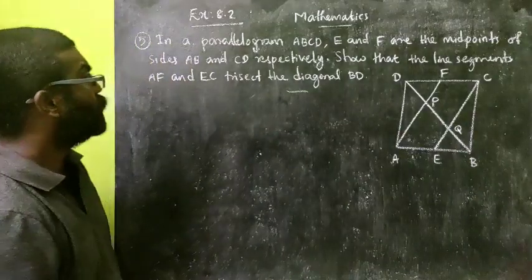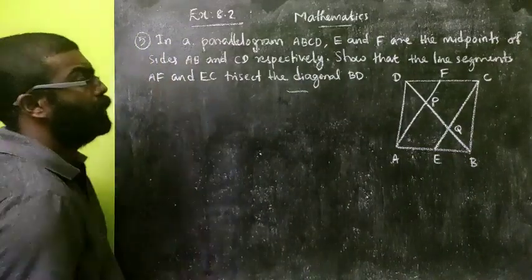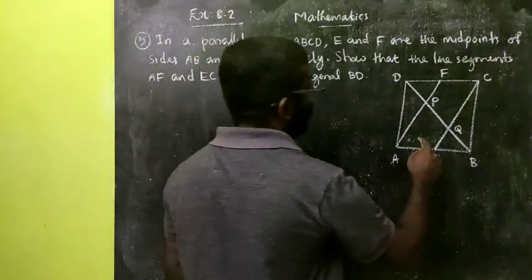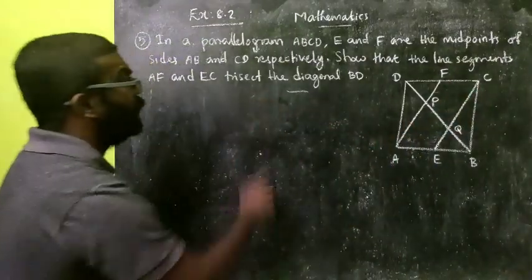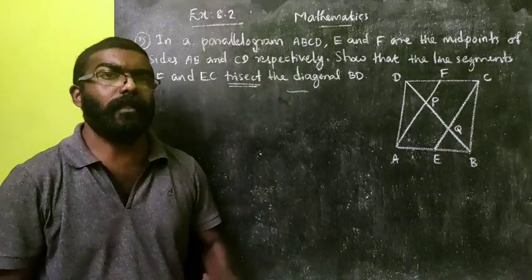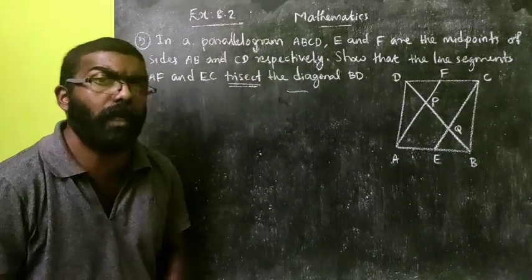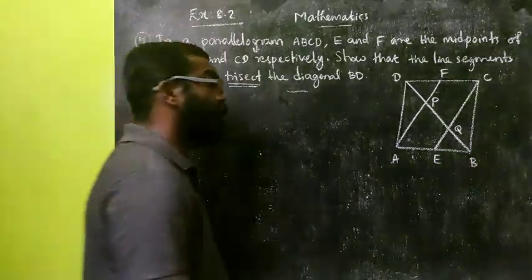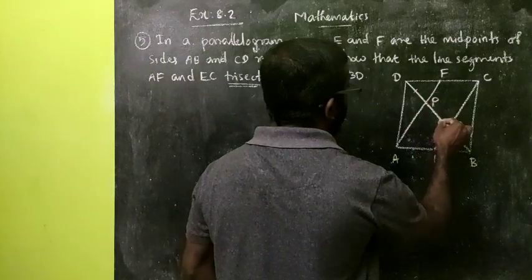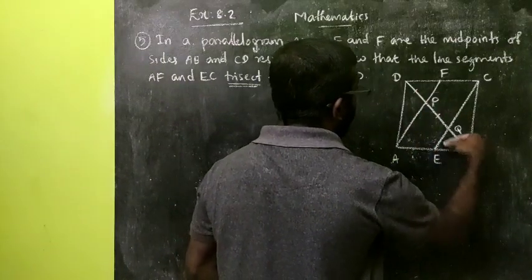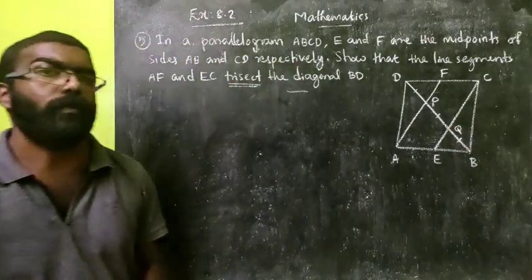Show that the line segments AF and EC trisect the diagonal BD. Trisect means divide into three equal parts. That means DP equal to PQ equal to QB. That we have to prove.